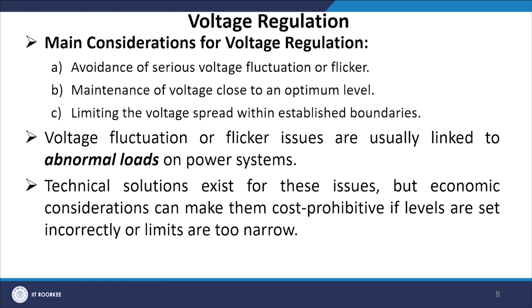Main considerations for voltage regulation: avoidance of serious voltage fluctuation or flicker, maintenance of voltage close to an optimum level, and limiting the voltage spread within established boundaries. Voltage fluctuation or flicker issues are usually linked to abnormal loads on power systems.